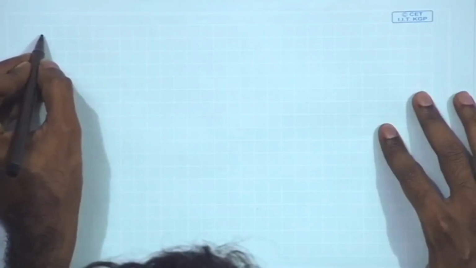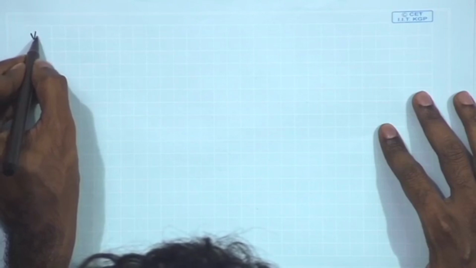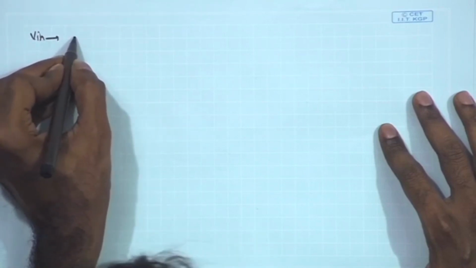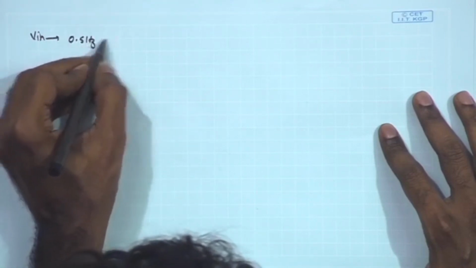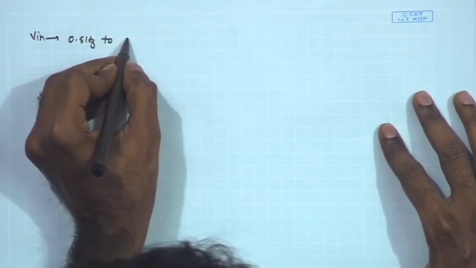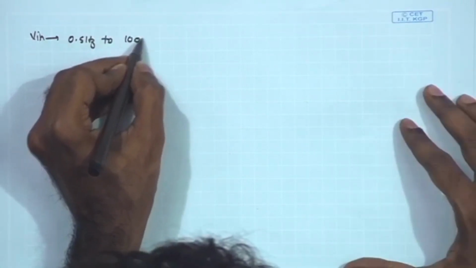So let us recap very quickly the signal characteristic that we were looking at. We are looking at the neuropotential signal, which has signal content from 0.5 hertz all the way to a few hundreds of hertz, basically 100 hertz.